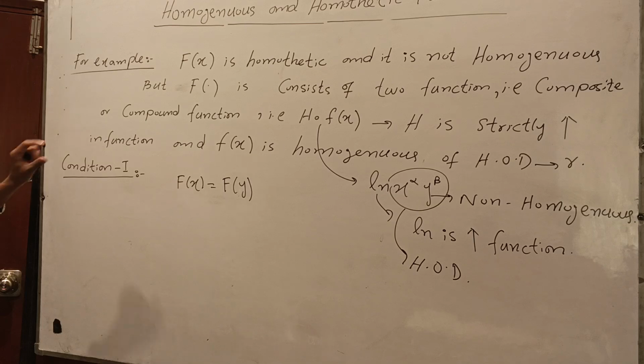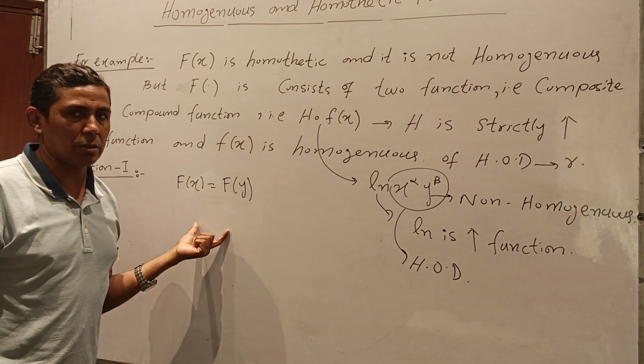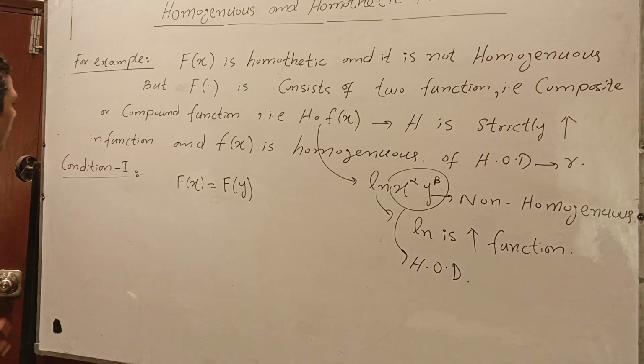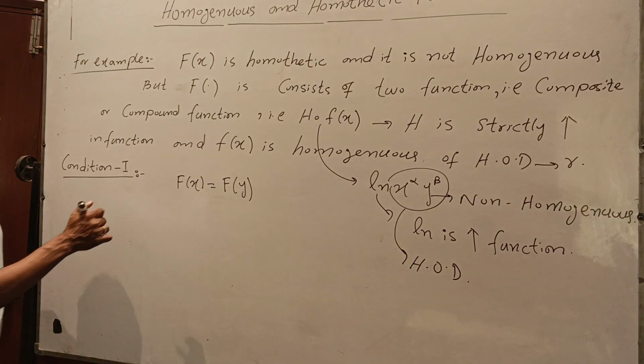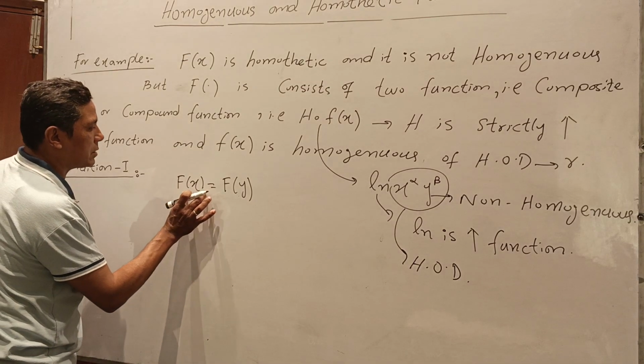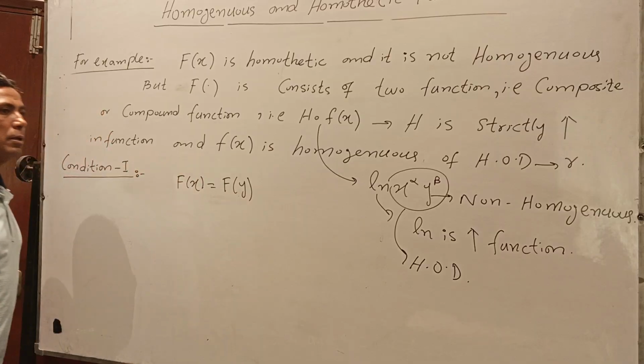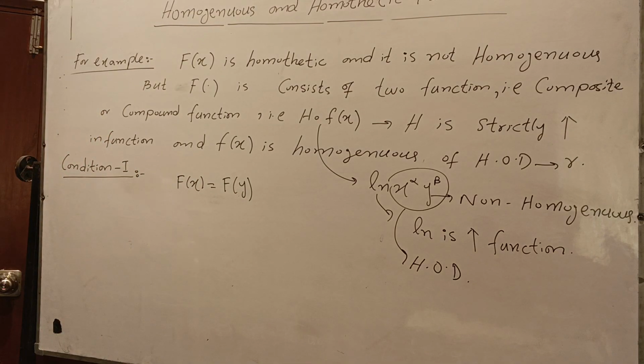So that was the meaning of this statement. Clear? Okay. Now there are certain properties of homothetic functions which we are discussing here. Number one, condition one in the properties of homothetic functions: f(x) equal to f(y). That condition should be satisfied.